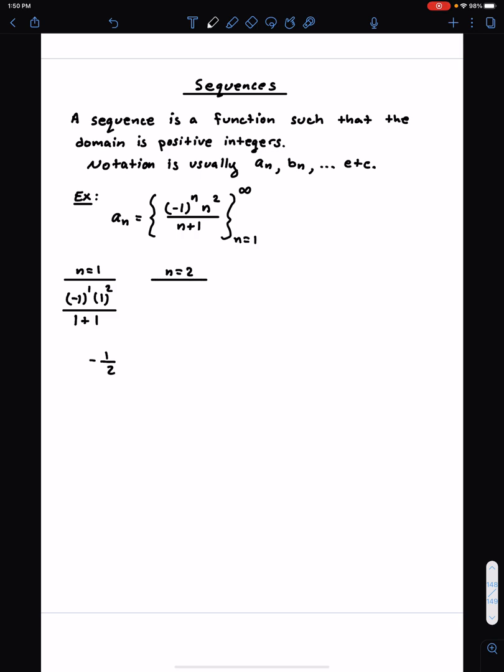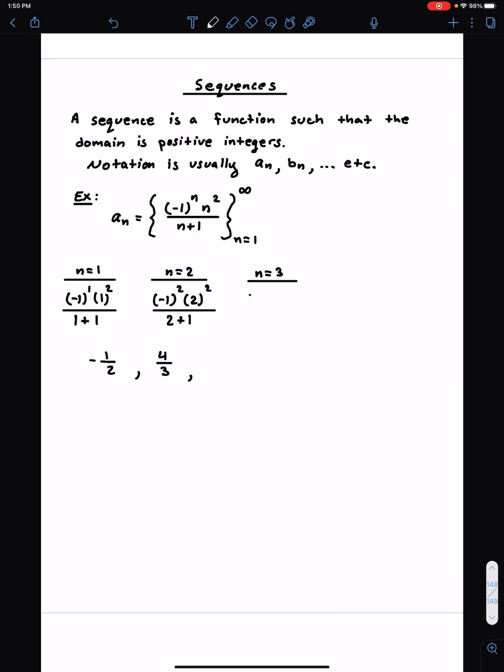When n is 2, negative 1 squared, 2 squared, divided by 2 plus 1, or 4/3.